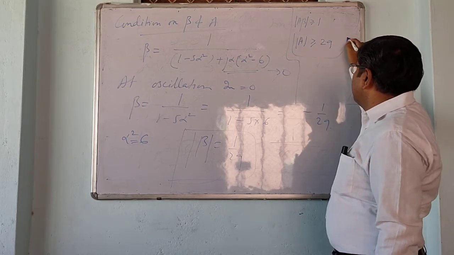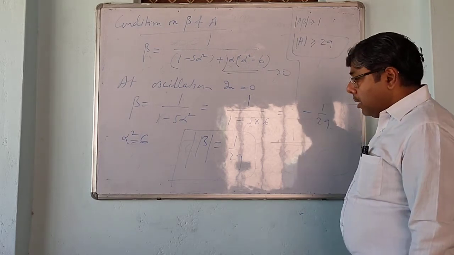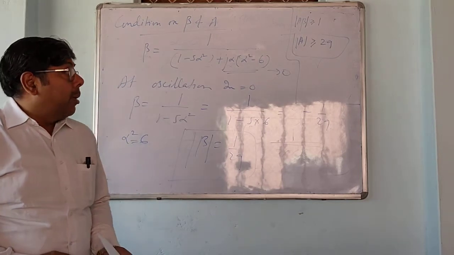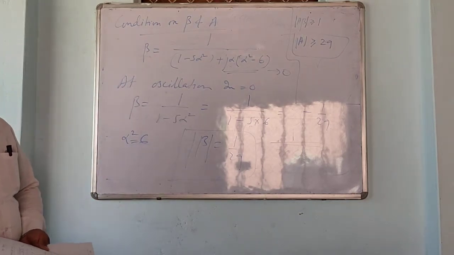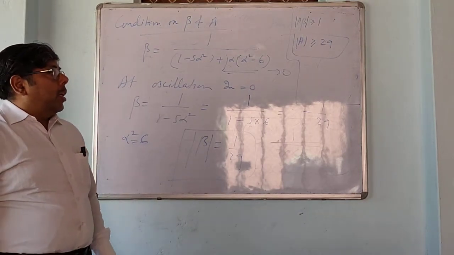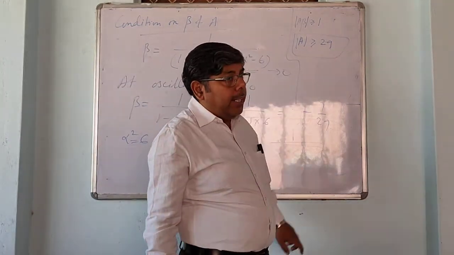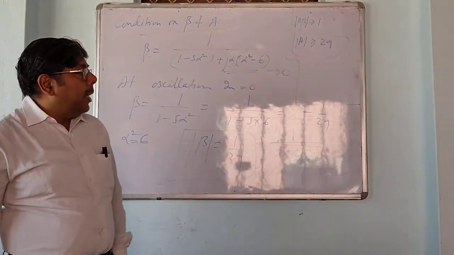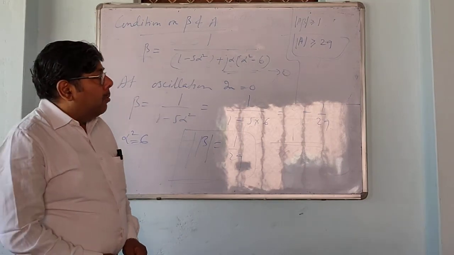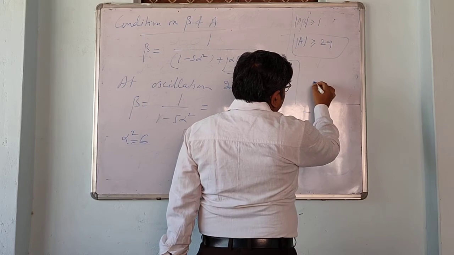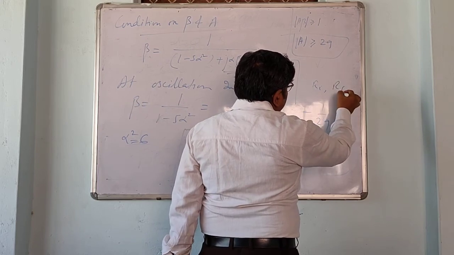So this is the condition. So the basic amplifier, which is our operational amplifier in inverting mode, must have gain greater than or equal to 29. And this gain can be achieved by varying resistances, that is Ri and Rf.